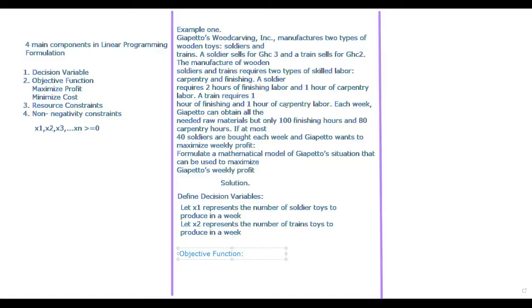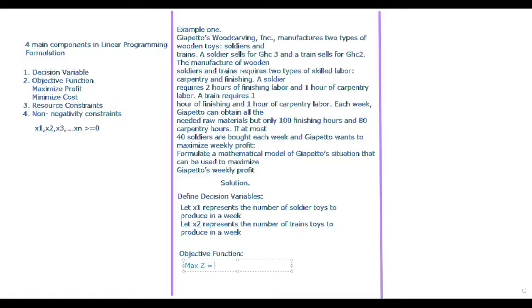So what is the objective function here? Oh, to maximize profit. Good. So we are talking about maximize. Let's represent that with Z. So maximize Z. We don't know it yet, so we are going to formulate it.